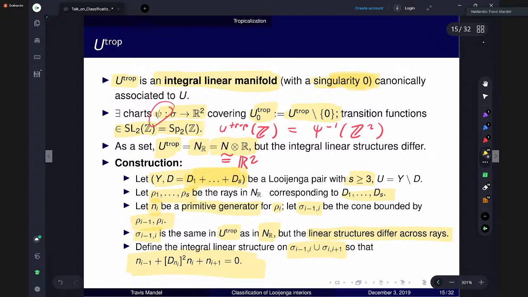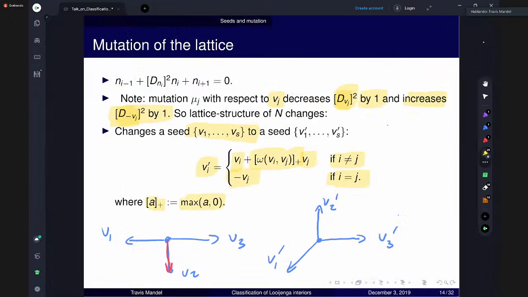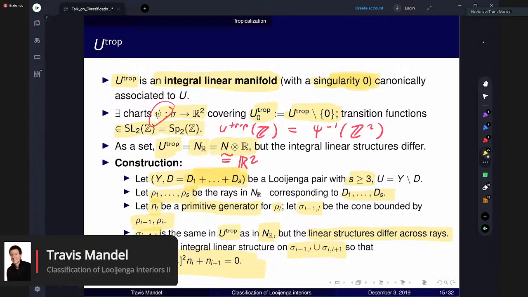Remember this was the equation we had before, that in general for a toric surface, this equality should hold. So we take that thing that we know holds for toric surfaces, and we build this integral linear manifold for any Looijenga pair, such that that same equality is satisfied. And the same equality is determined by the self-intersection numbers of the boundary divisors.